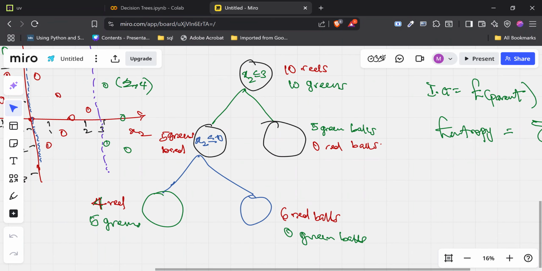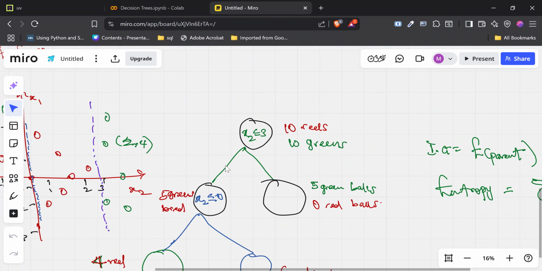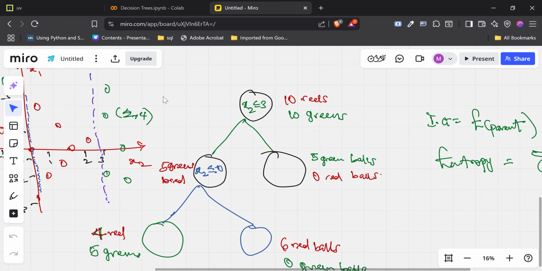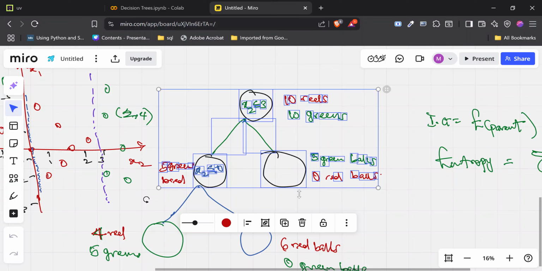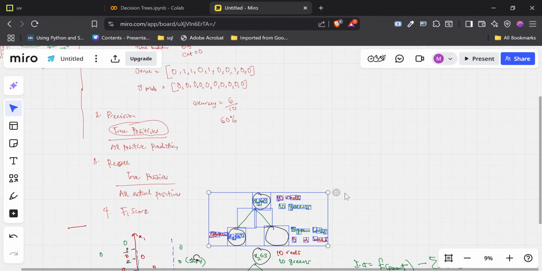So I'm going to remove the ones that we have done before. I think I can duplicate this, yeah.